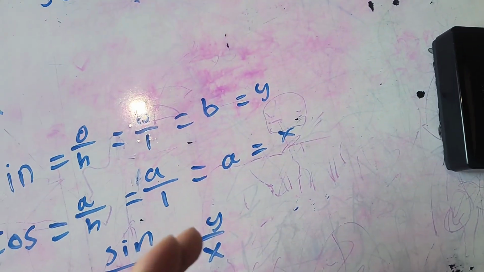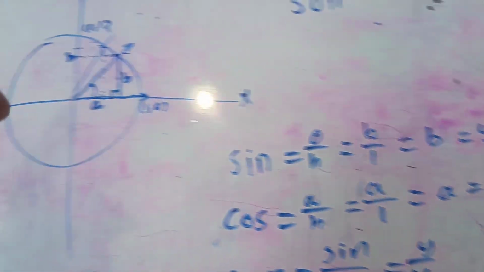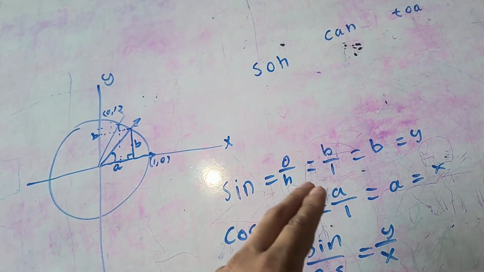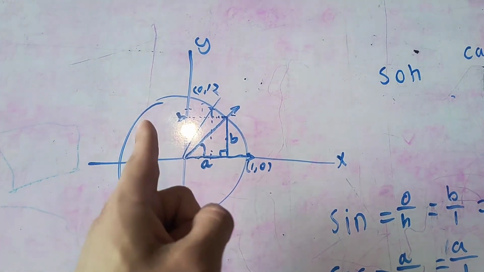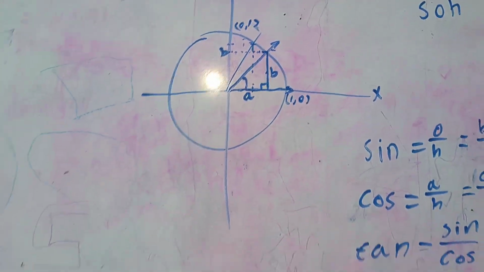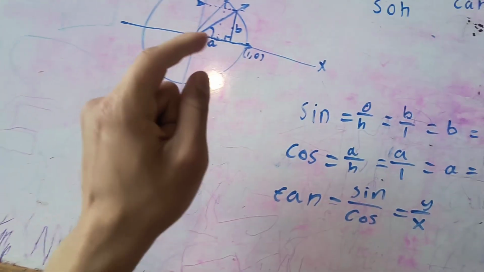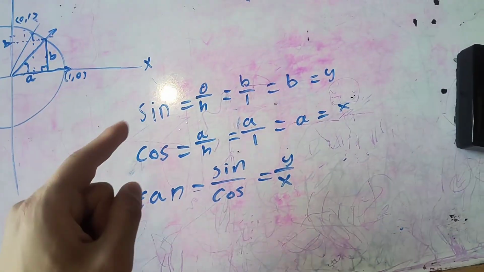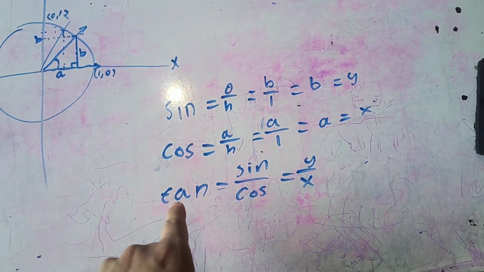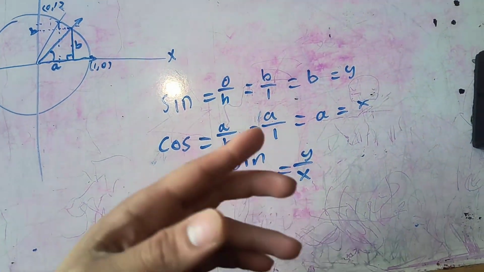We do this because if we keep the standard definitions, we have a problem when we get to negative numbers and angles larger than 90 degrees. So whenever dealing with the unit circle, this is how we define sine, cosine, and tangent.